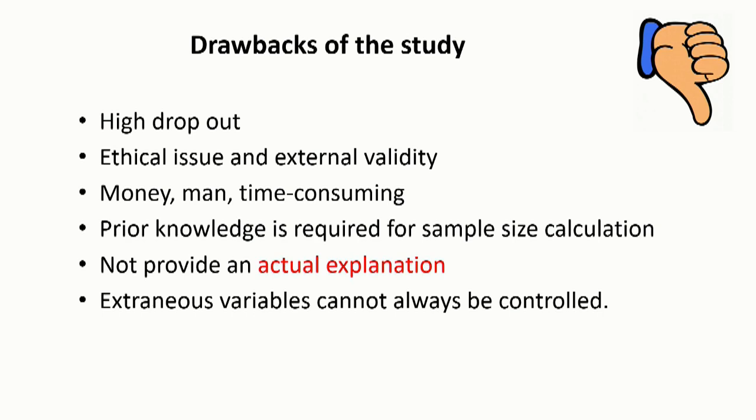So it's not the actual explanation. It just studies the actual proof of causation, specific causation. And extraneous variables or other factors that can affect the outcome sometimes cannot be controlled. If you can control them, they're called extraneous variables. And if you cannot control them, sometimes people call them confounding variables or confounding factors.